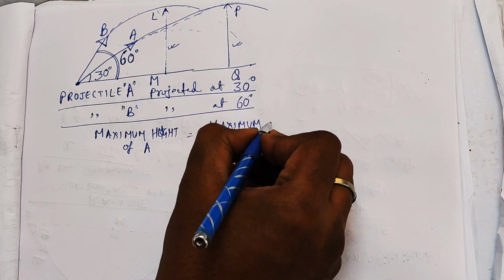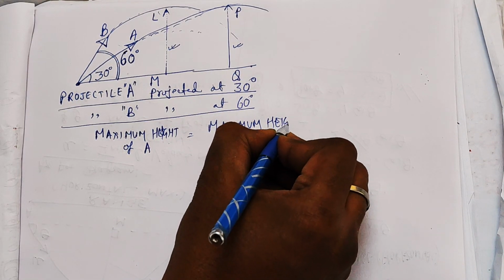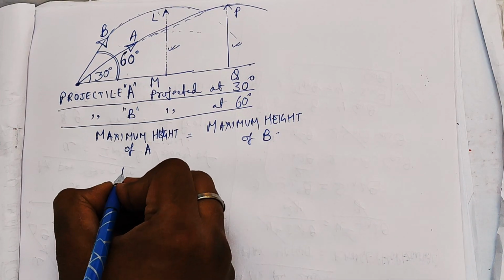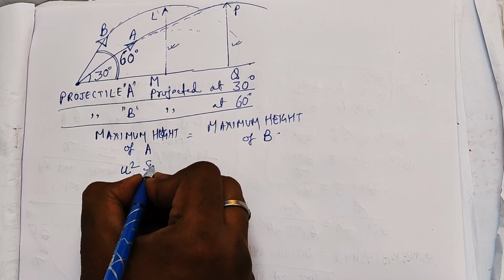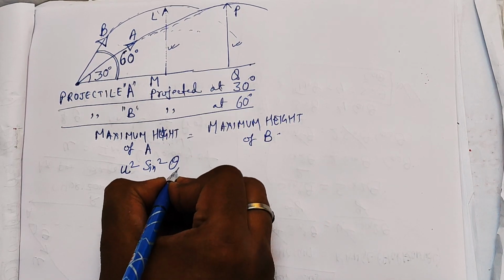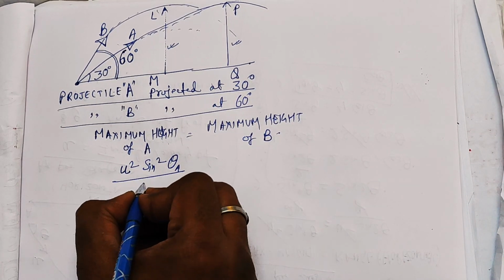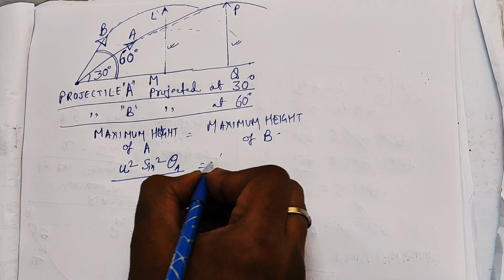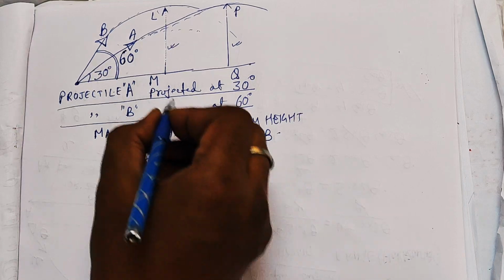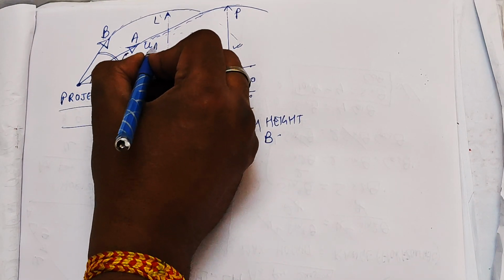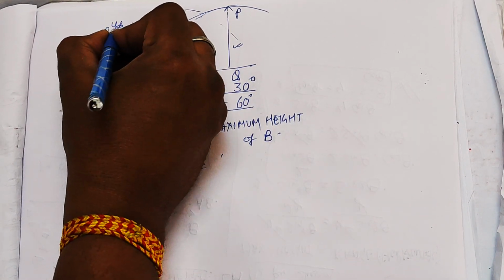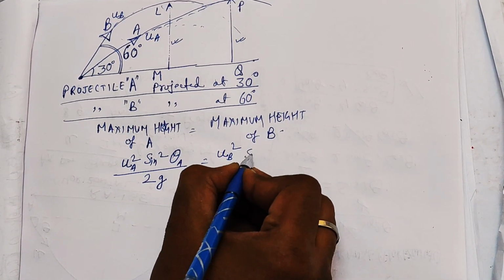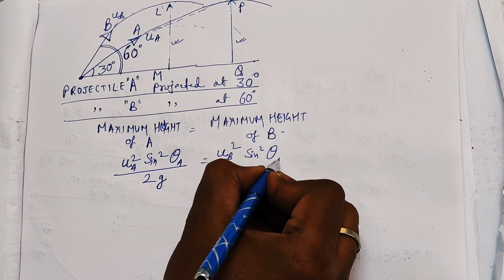Students, you know the maximum height. What is the formula of maximum height of any projectile whose initial velocity is u, projected at angle theta? It's u² sin² theta by 2g, 2 into a small g, right? So if the initial velocities of both the projectiles are uA and uB, let's say uA is the initial velocity of the first projectile, that is projectile A, and uB is the initial velocity of projectile B, right?